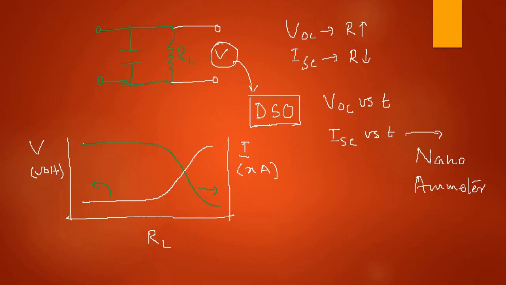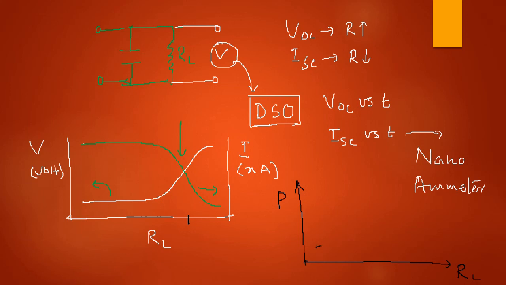Okay, so you can see that for this particular value of the load resistance, you will get the maximum power. And if you now plot power against this, with load resistance on the x-axis and power on the y-axis, at this particular value you will get the maximum power.